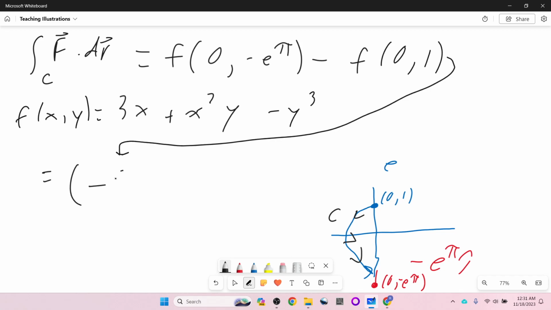We get negative e to the pi to the third, minus, plug in 0, 1, so that zeroes out, that zeroes out, we get negative 1 here.